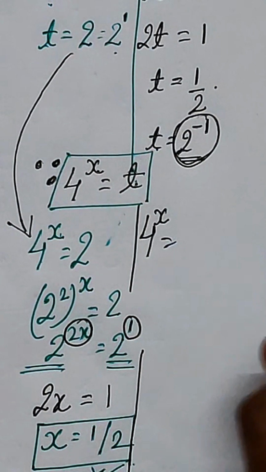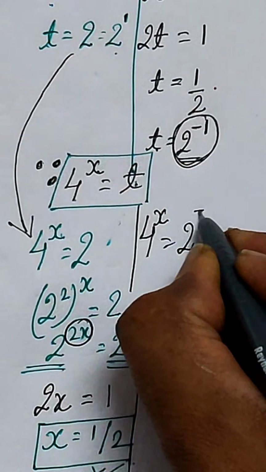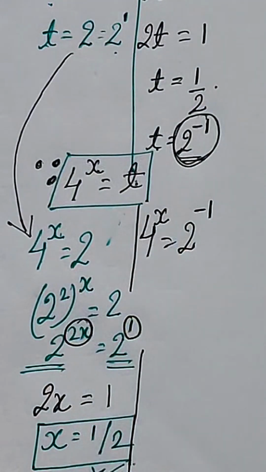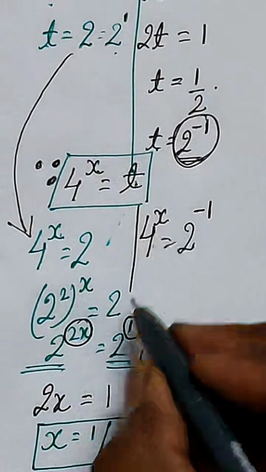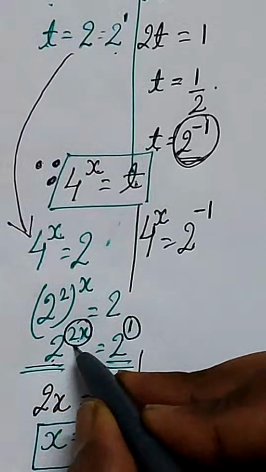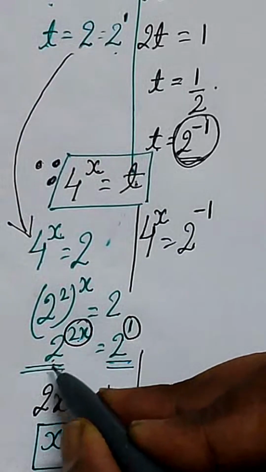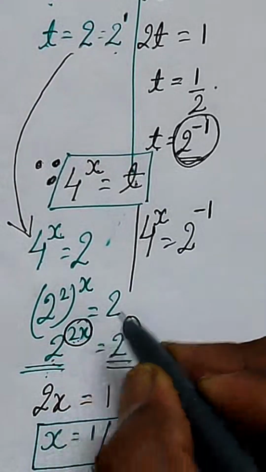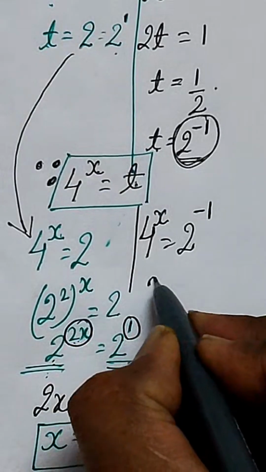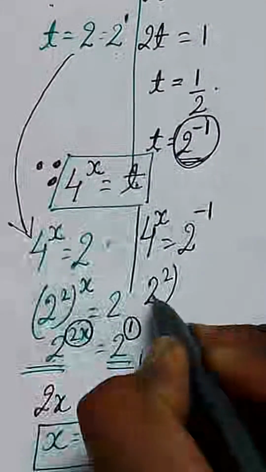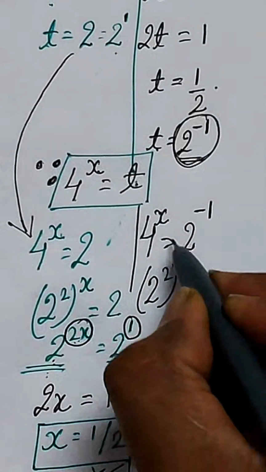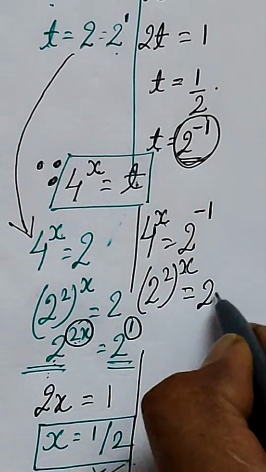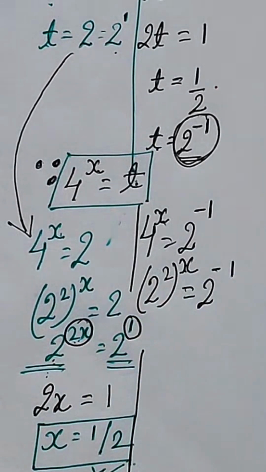Now 4 power x is written as 2 power 2x, why? Because 4 can be written as 2 square, and exponent x will be as it is, and 2 power minus 1 on the RHS.